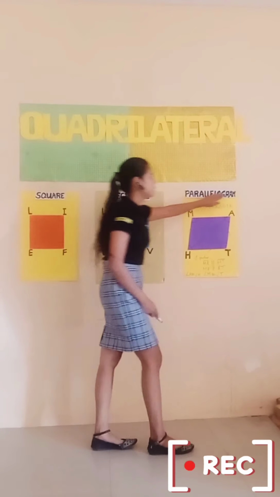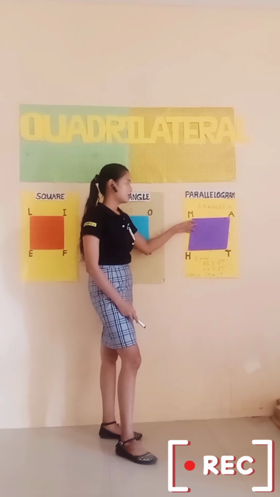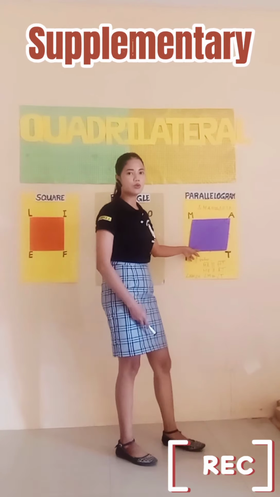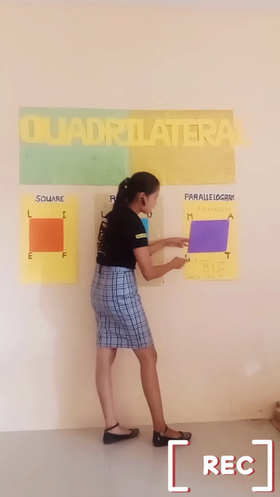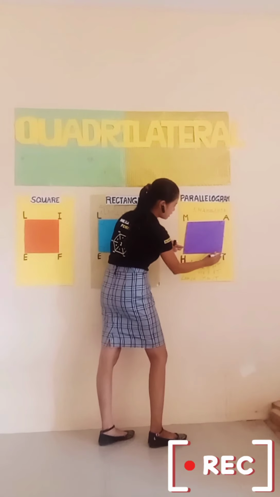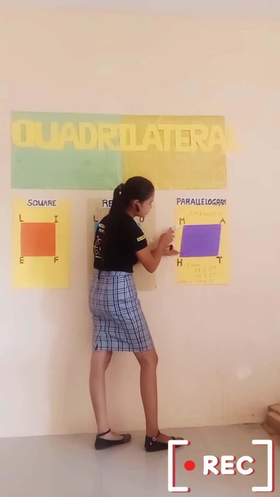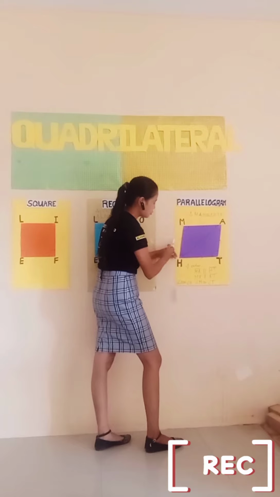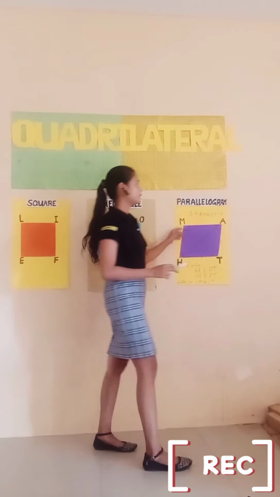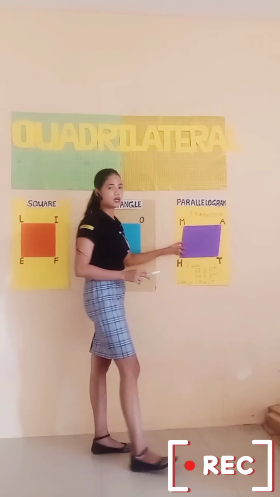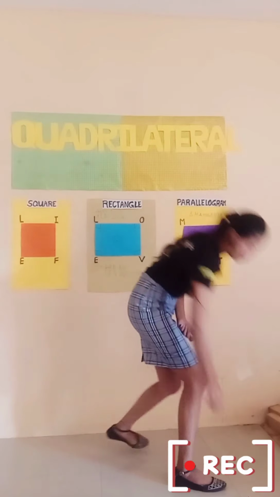Important is that the adjacent angles of parallelograms are supplementary, meaning they are equal to 180 degrees, such as the adjacent angles THA and NHMA. They are adjacent angles because they have a common vertex and common side.